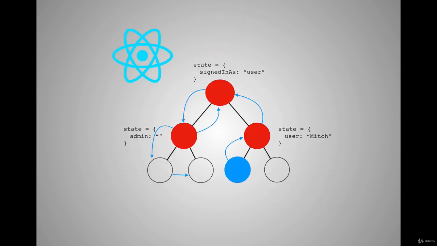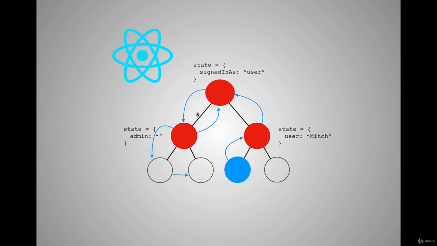If we remember this, well, React is simply a group of components that are rendered in a tree-like structure. So this would be the app.js, for example. And each one of these components would have state.